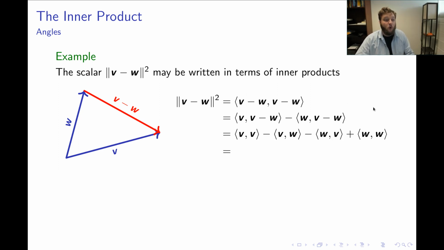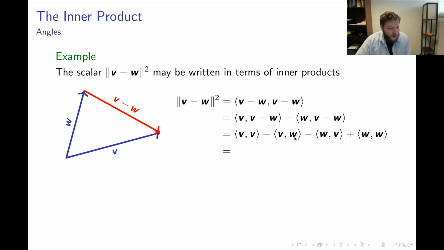And now, for those two inner products individually, I can use the right linear rule to distribute the inner product. This gives us 4 terms. For this first inner product, I'm distributing across on the right. That leaves me with v inner product with v, then minus v inner product with w. And then I'm subtracting the inner product of w with v, and then the inner product of w with negative w, so that would be minus a negative, that's plus, so that's the inner product of w with w.